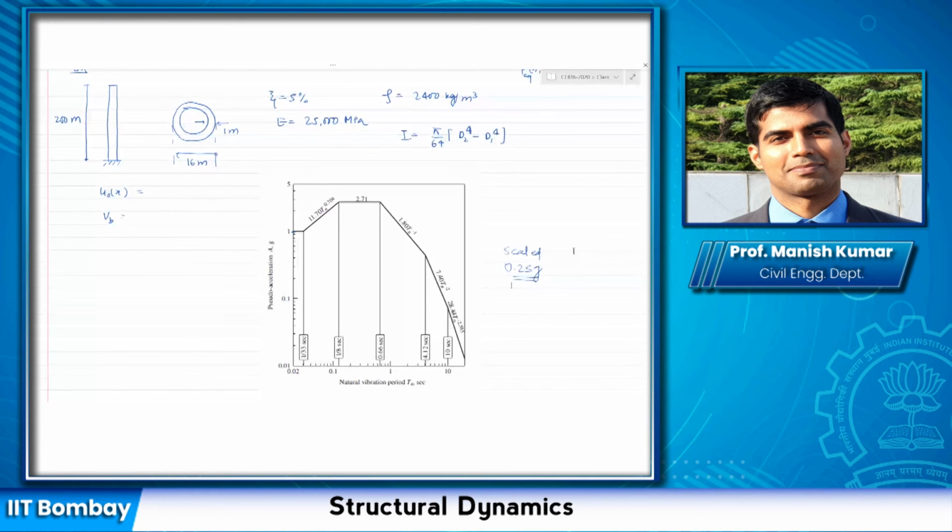You have already derived the expression for K equivalent and M equivalent, so I would suggest you utilize whatever you have derived for phi 2 of x, which I think was 1 minus cos of pi x by 2L.